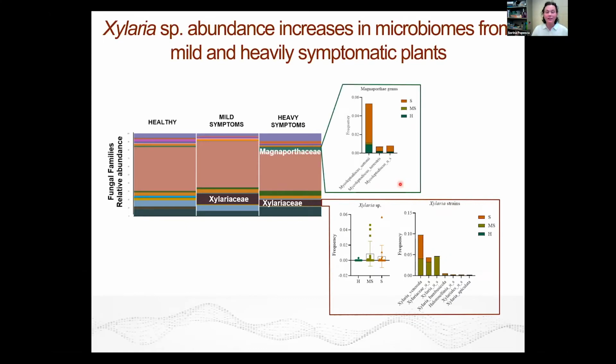And we also see that not only Xylaria, but also other types of fungi, such as the ones from the Magnaporthaceae family. This is a family that has a lot of pathogenic type fungi, and we see it very abundant in symptomatic and heavy symptoms plants, but not as much in the healthy plants. These are some of the strains we identified. So this is how the fungal populations look.